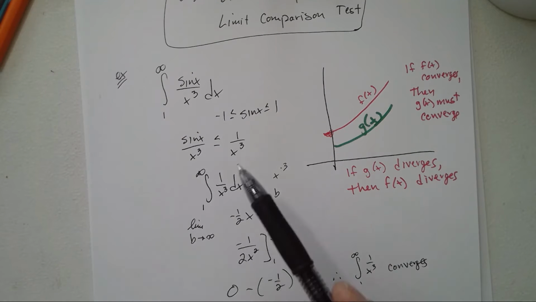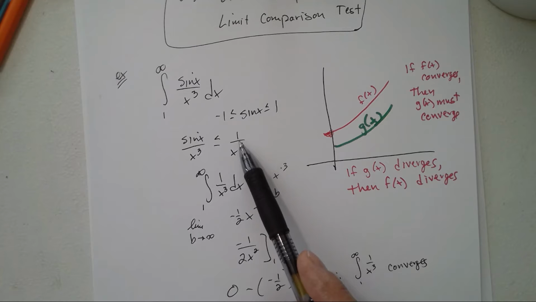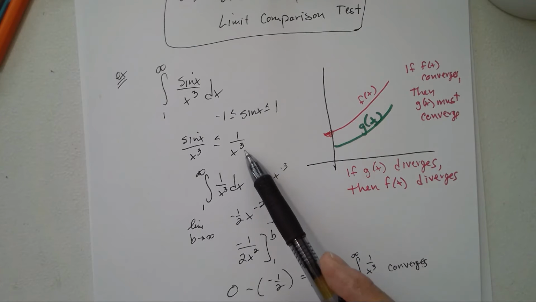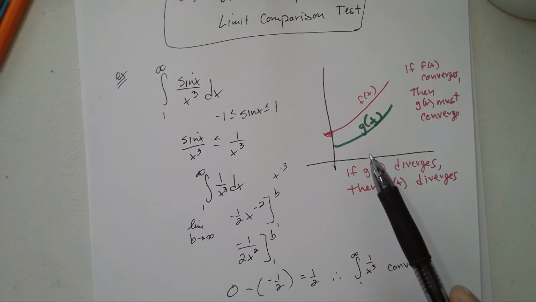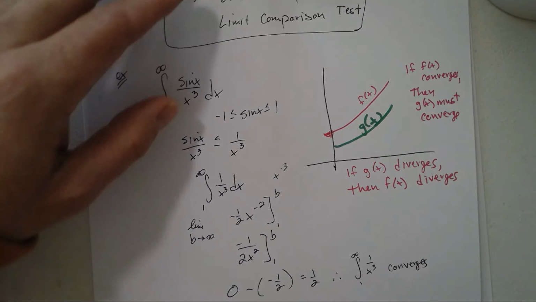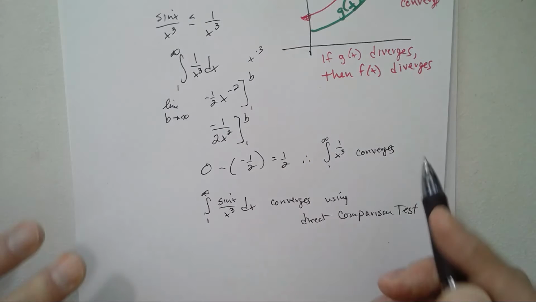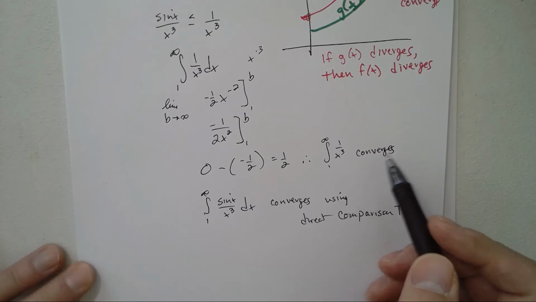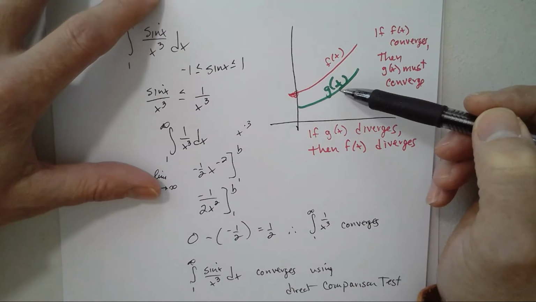If what you are comparing it to is bigger and it diverges, it doesn't do you any good. If this integral right here had diverged, we just wasted our time, because the bigger one diverged. Great, we don't know about the smaller one.